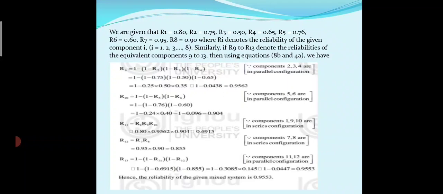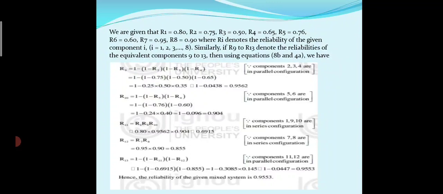R1, R9 and R10 are in series configuration, so we simply multiply them: R1 times R9 times R10, and it becomes 0.6915. Then we find R12. R12 is from R7 and R8, which are in series configuration, so again we simply multiply them, and we get 0.855.